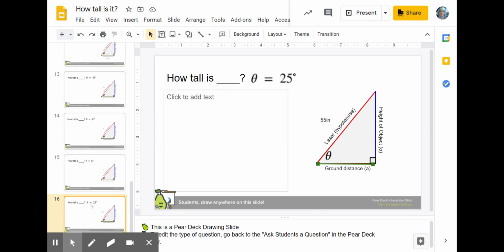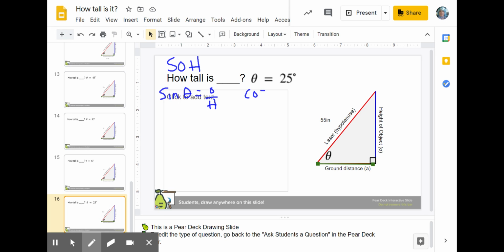Let's look at 16. And that's our last one. I'm so excited. Awesome. So sine of our angle equals opposite over hypotenuse.